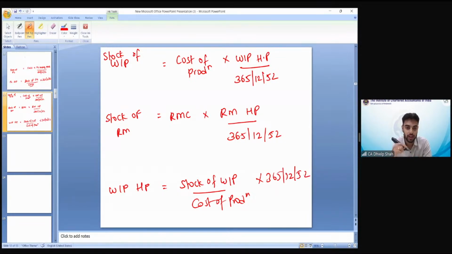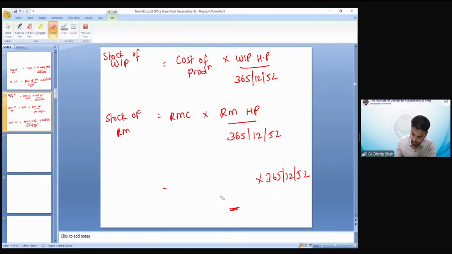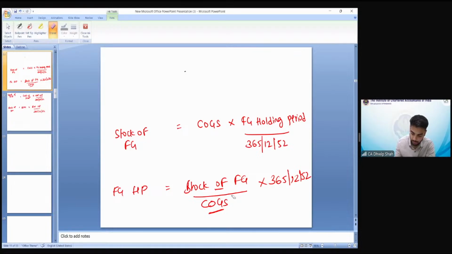This was the formula in your financial ratio chapter. WIP is always based on cost of production. FG is always based on cost of goods sold. Raw material is always based on raw material consumption. Okay. So I made a mistake writing the numerator and denominator, but the actual formula was this.